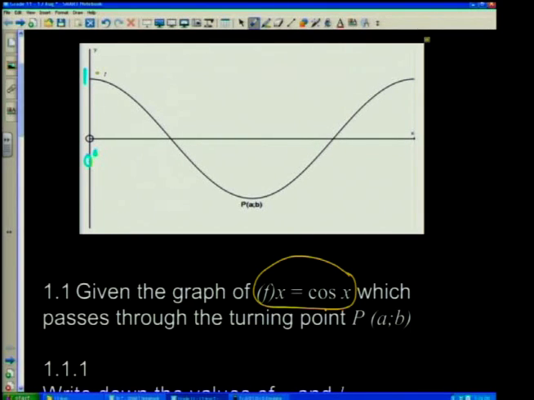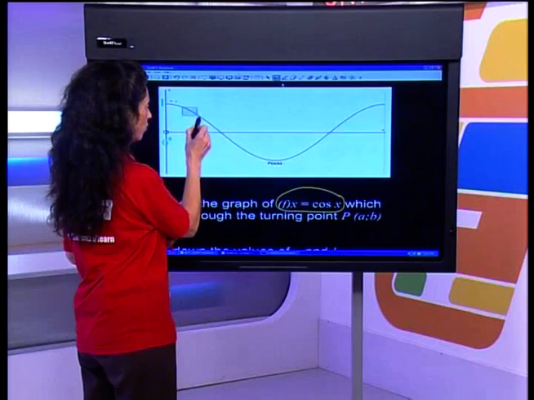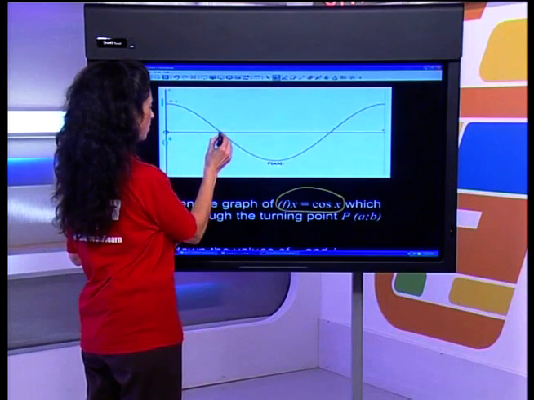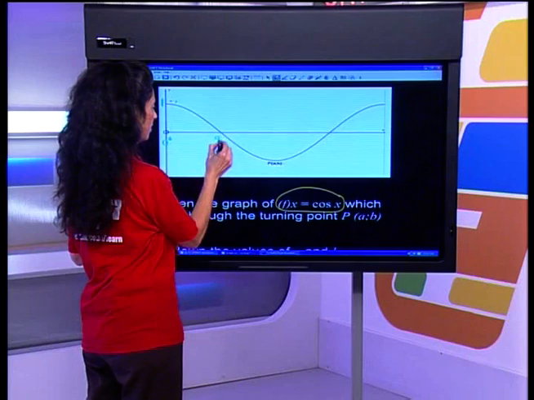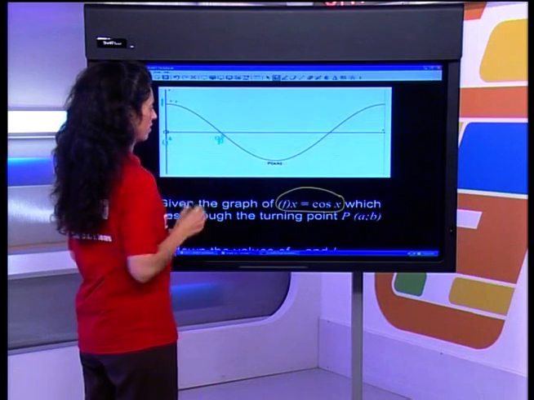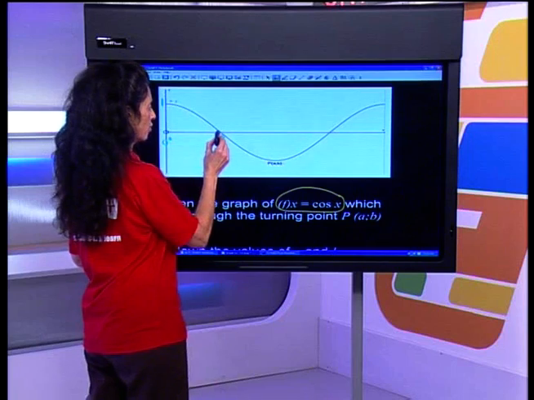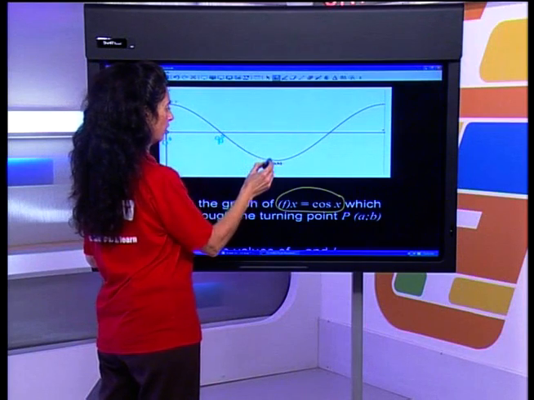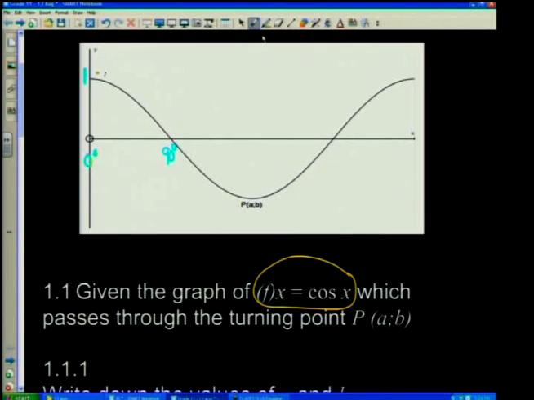Then the cos graph would travel by decreasing all the way to this value here, which would be 90 degrees, and that would have a 0 value. Your cos graph continues to decrease until it reaches this value here, which would be found at 180 degrees, and that would be its minimum value of -1.